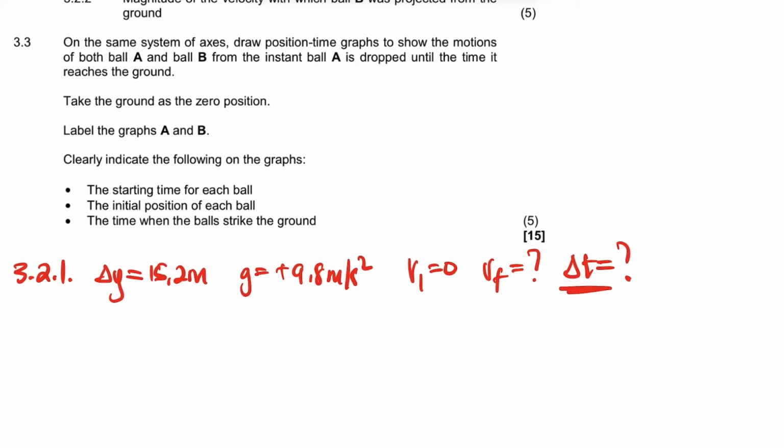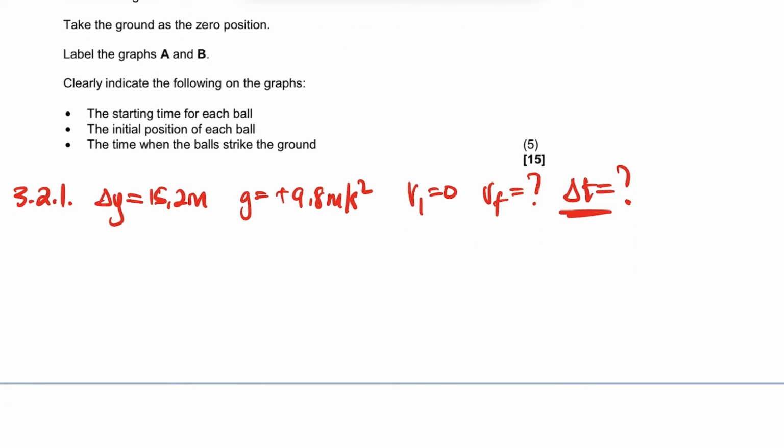So which formula are we going to use to get that time? Simply this: change in y is equal to vi change in t plus half a t squared. You get it from the data sheet.